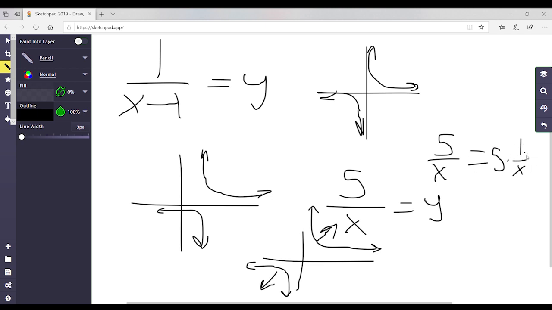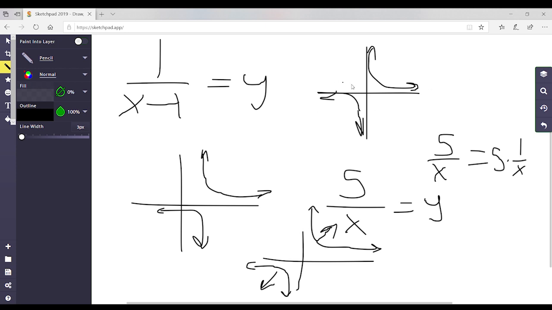So 1 divided by x is our base function, and you're multiplying it by some amount. You can imagine that this point is going to be 5 times higher, this point is going to be 5 times higher, and it's just getting farther and farther from each other. This is going to be 5 times lower because it's negative. It's going to be farther and farther apart.